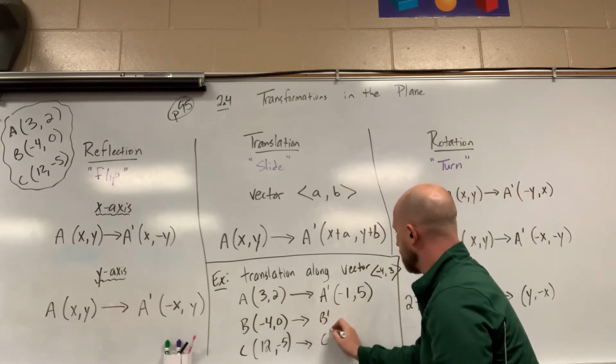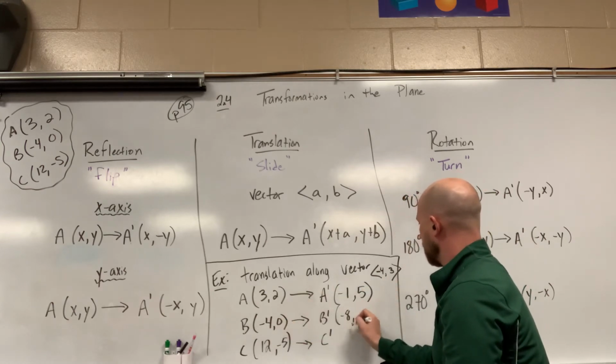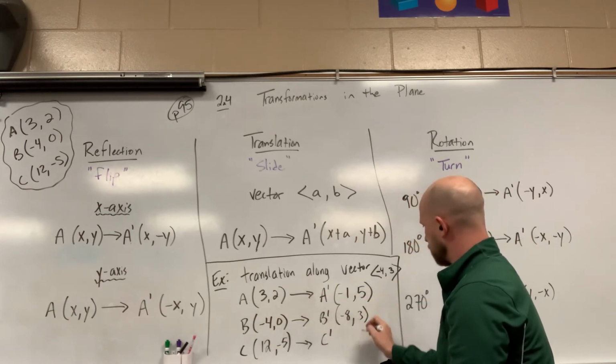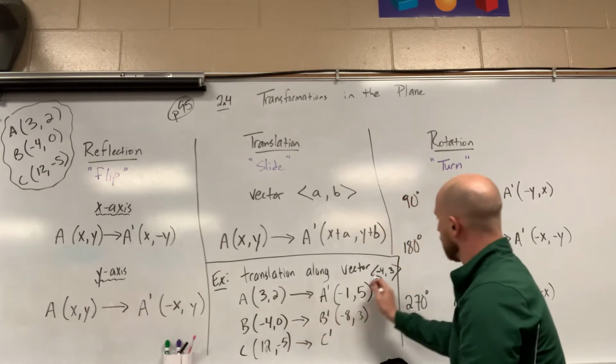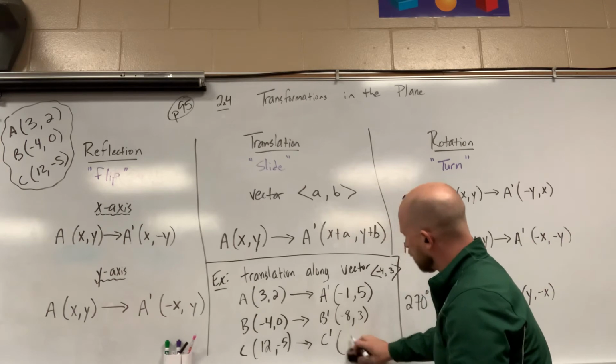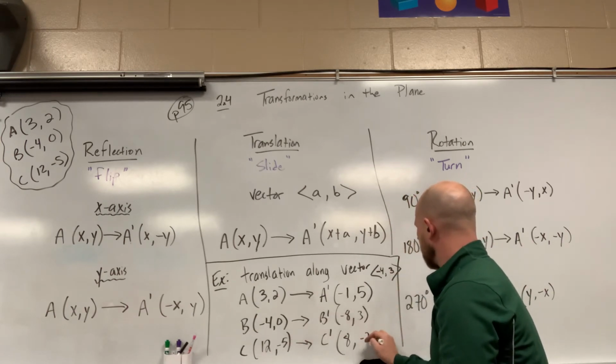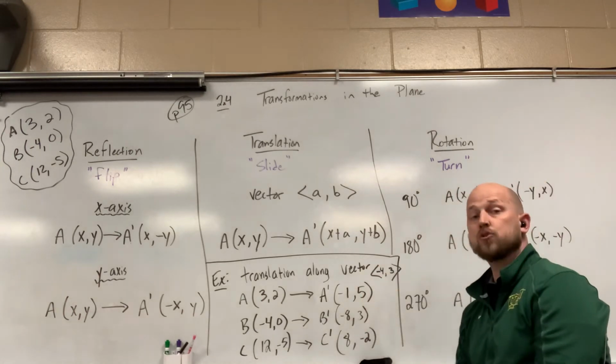For B, -4 plus -4 is -8, and 0 plus 3 is 3. For the next point, 12 plus -4 gives us 8, and -5 plus 3 is -2. These are my new transformed points.